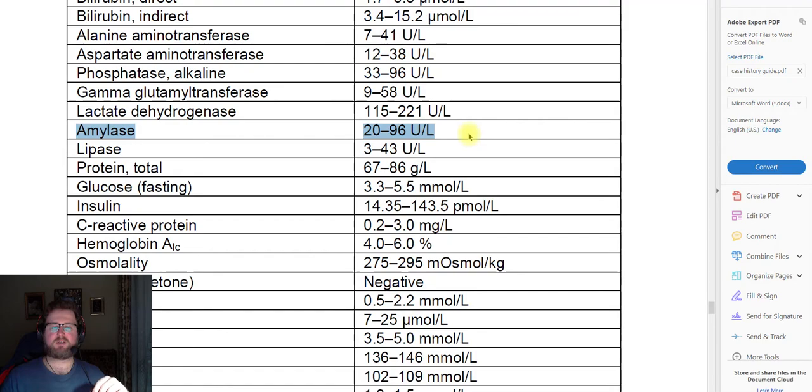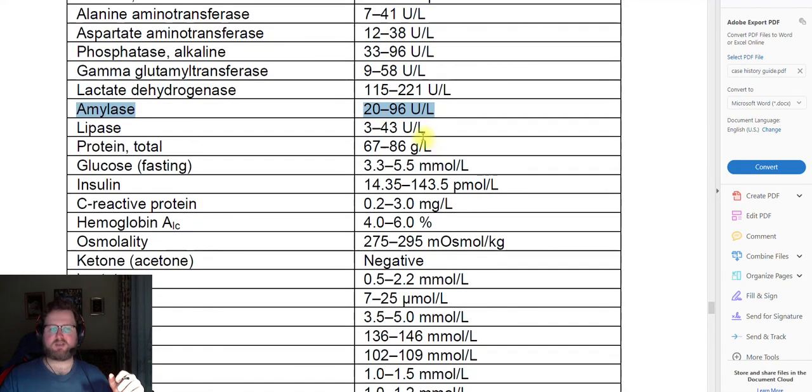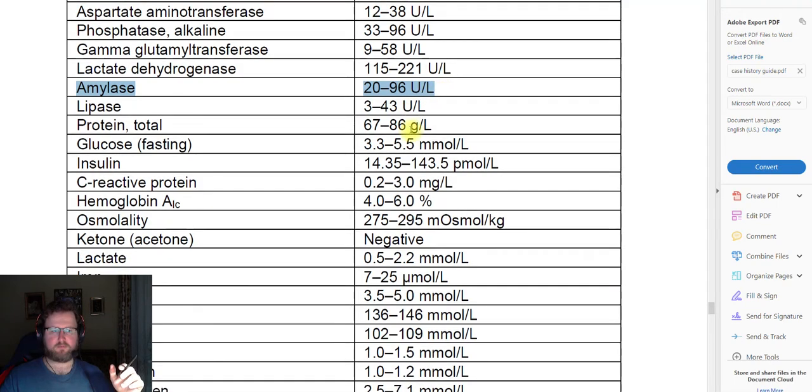But in cases when there is a damage of pancreatic tissue, in cases of peritonitis, this amylase gets inside the circulation instead of in intestinal lumen, and you will see that the level of this amylase is increased. Same goes for lipase, but lipase is used less frequently. The main parameter is amylase.